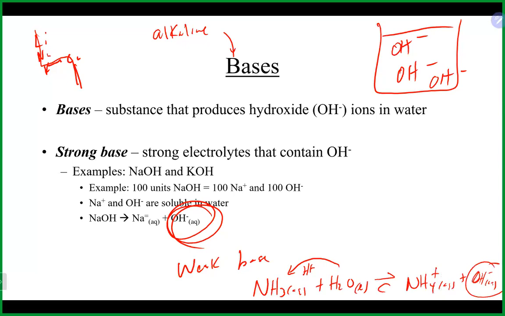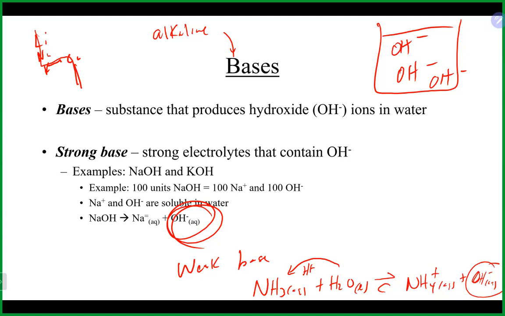Because it's able to produce some hydroxide, it's considered a base. It doesn't have OH in its formula, but it's able to do this little reaction with water and produce hydroxide, which makes it a base. It's a weak base, which is why it has those arrows heading in both directions, like we talked about with the weak electrolyte, but it's still able to produce some OH minus in solution. Still considered a base, but a weak base.